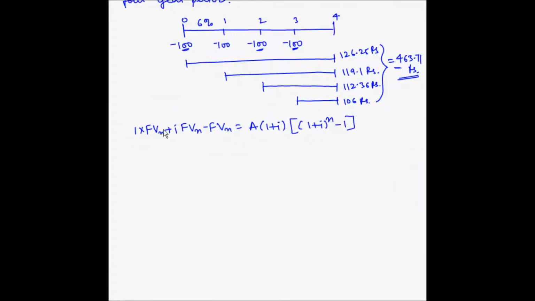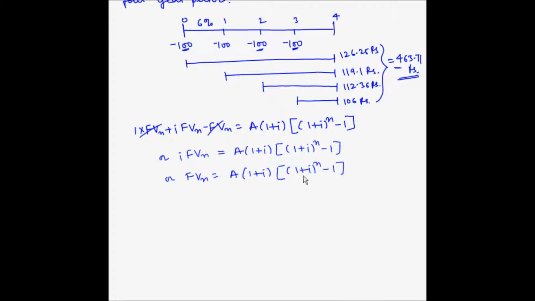So now let's continue. So here 1 into FVN is FVN and minus FVN, so these two get cancelled. So I into FVN is equal to A into 1 plus I into 1 plus I to the power n minus 1, or FVN is equal to A into 1 plus I into 1 plus I to the power n minus 1, and we'll bring this I on the other side, so divide by I.